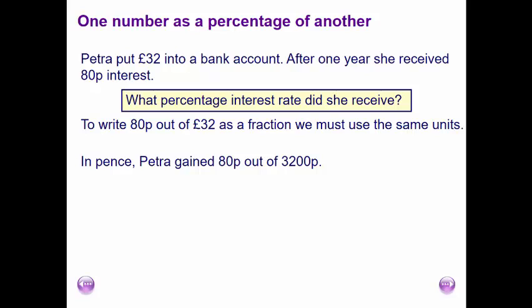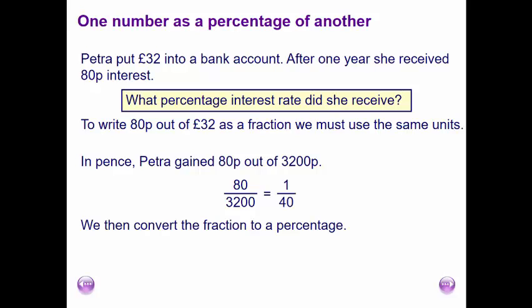Okay, so in this case, we're converting the 32 pounds into pennies. And now, to work out what percent the interest is, we divide the 80 by the 3,200. And that's going to give us 1/40th. So that's just a simpler fraction, but it's not really what we want.